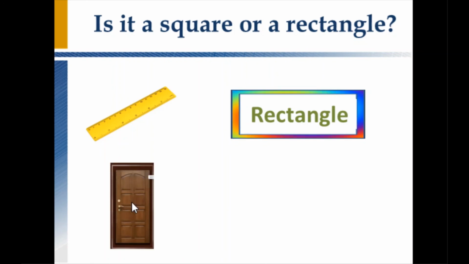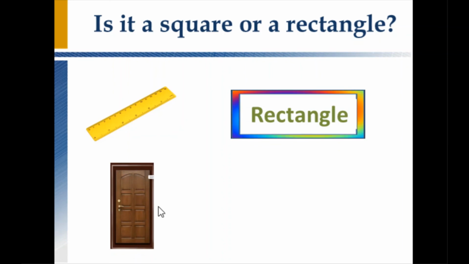How about this picture? Is the door square or rectangle? Look at the sides. Are they equal? No, they are not. It has two short sides and two long sides.